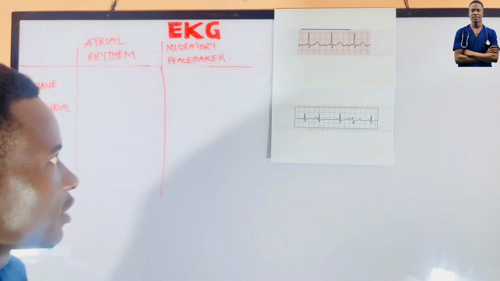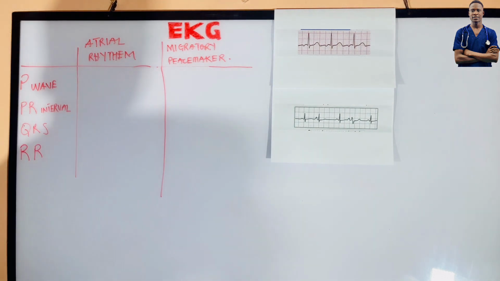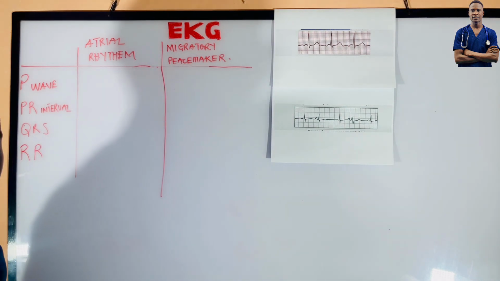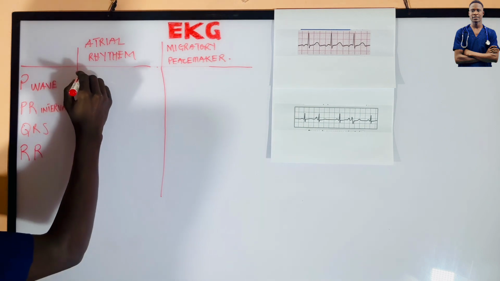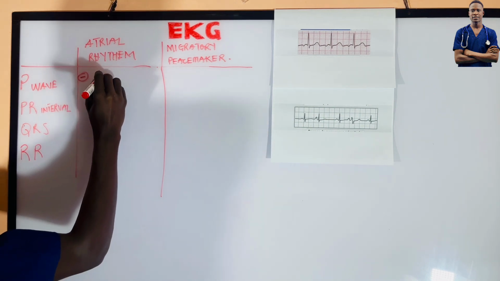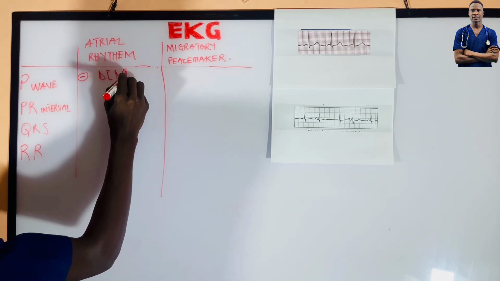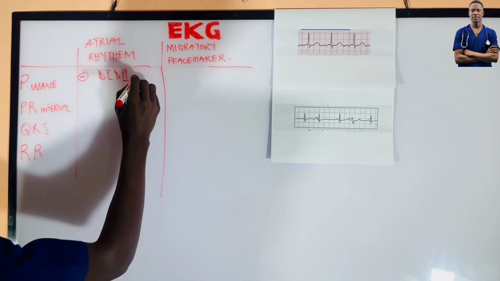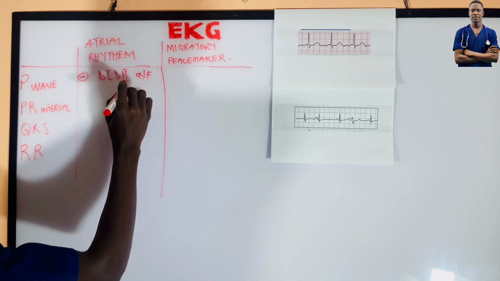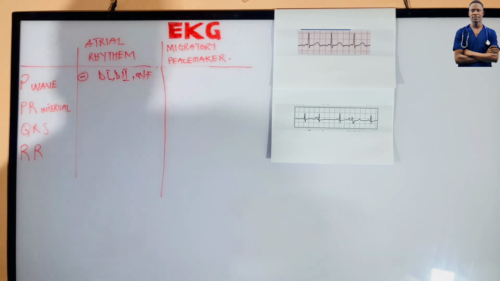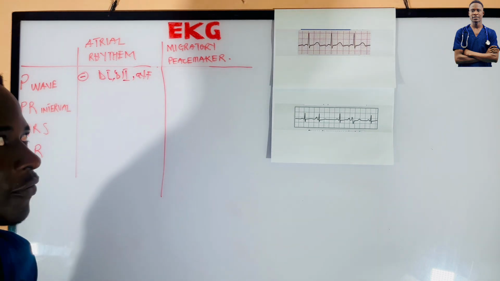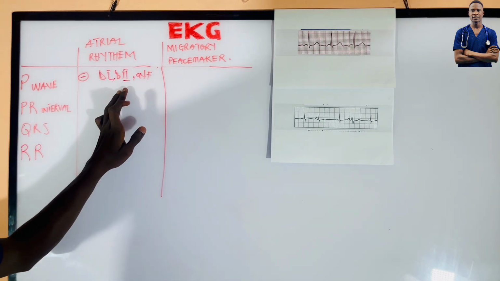Now, let's look at something here. Based on the P wave, in the atrial rhythm, the P wave is negative on D1, D2, and the AVF lead. So if you take the graph, quickly check D1, D2, and AVF.